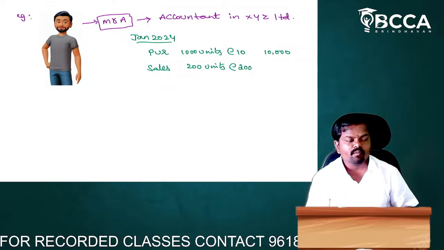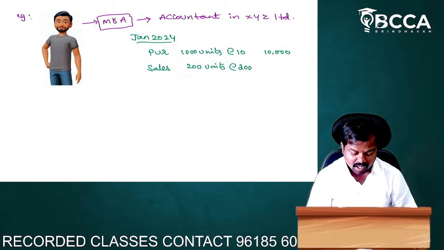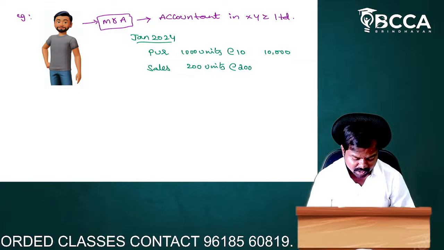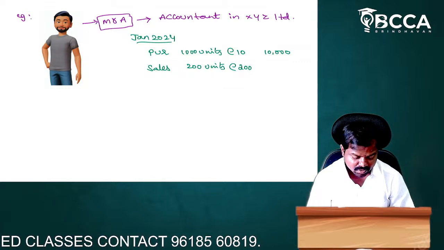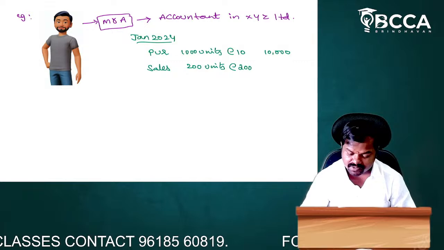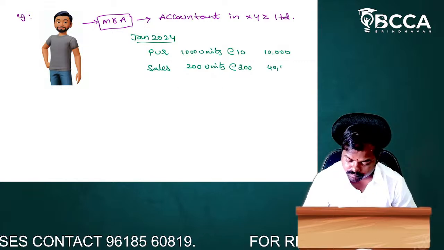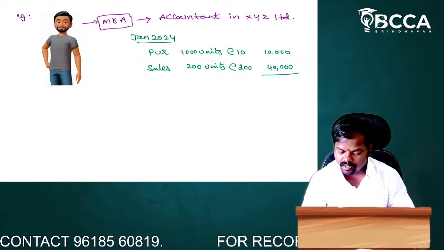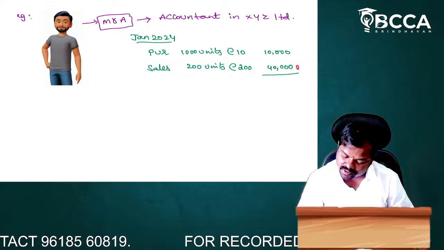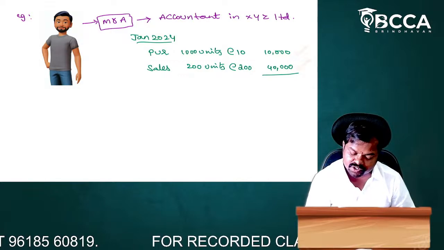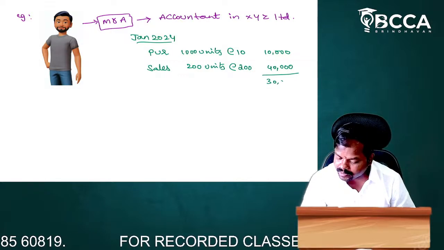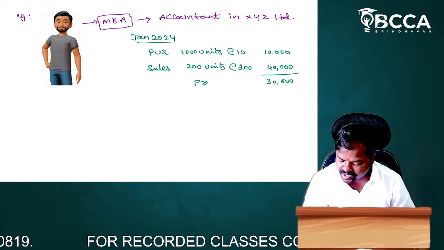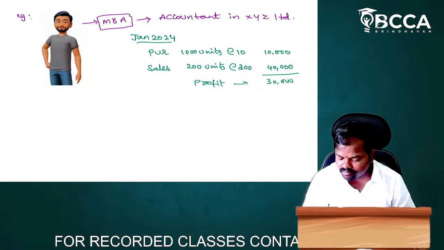I purchased one unit at 10 rupees. I sold at 200 rupees per unit. It means how much? 40,000. Now, listen carefully. This is sales. This is purchase cost. 30,000 is profit.